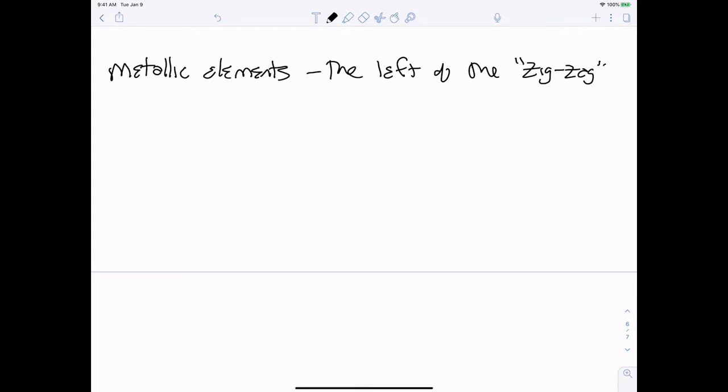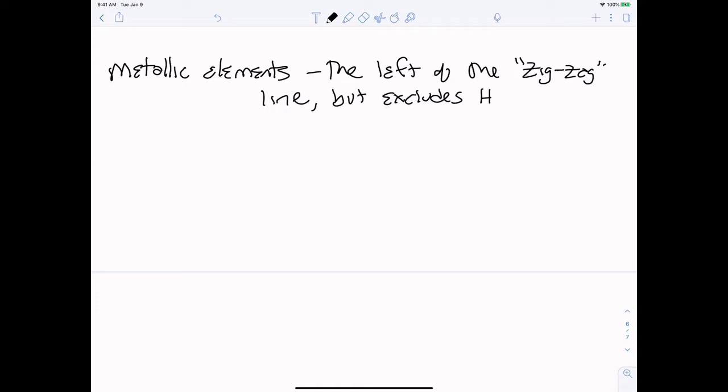I just call it the zigzag line. But excludes hydrogen. You'll notice that as we go throughout the semester, hydrogen's an example for a lot of things. If I just ask you what's an exception, hydrogen's a really safe guess. So metallic elements, these are to the left of the zigzag line, but we do need to exclude hydrogen.